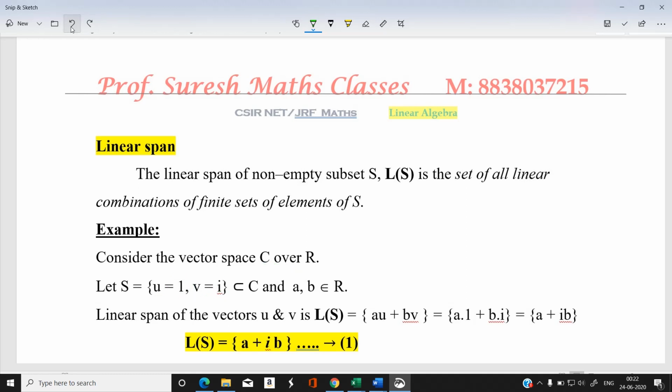The notation is L of S. The meaning is, multiply these two vectors by these scalars and add them. So a into U plus b into V, the set of all elements, not a single element, the set of all elements of the form aU plus bV. So that equals a into 1 plus b into i, which equals a plus ib. So the set of all a plus ib, that is the linear span of S.